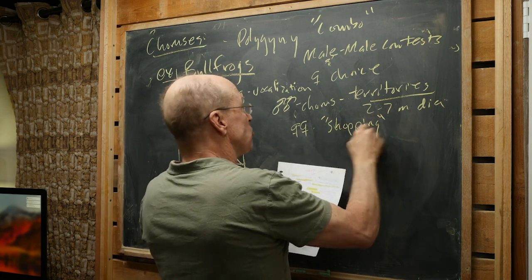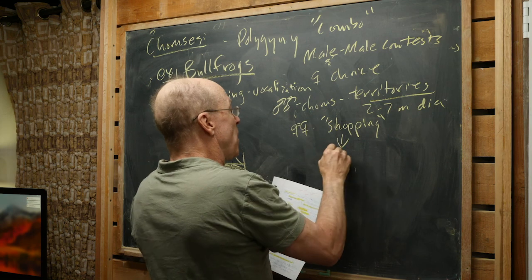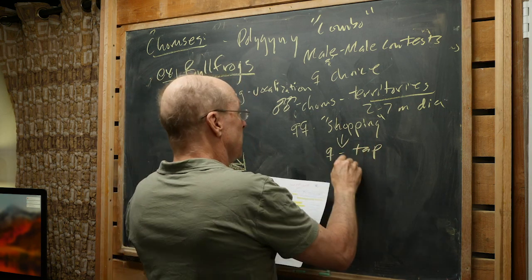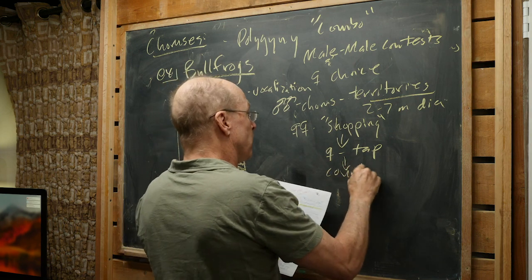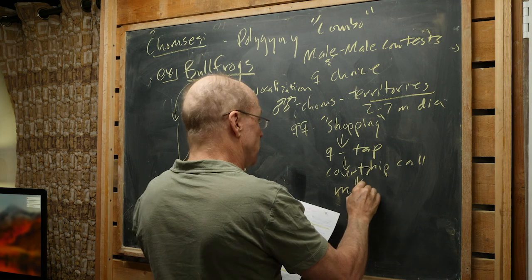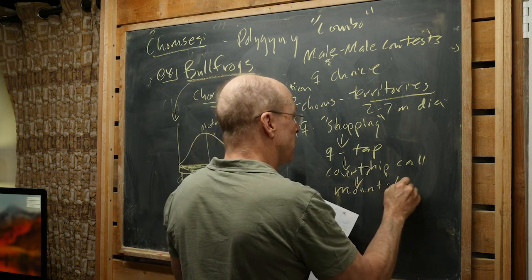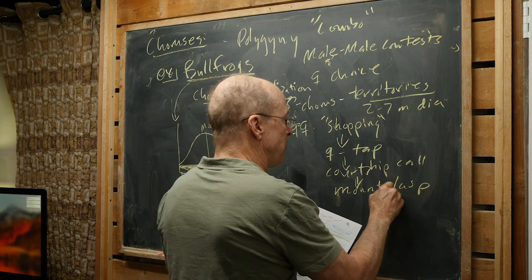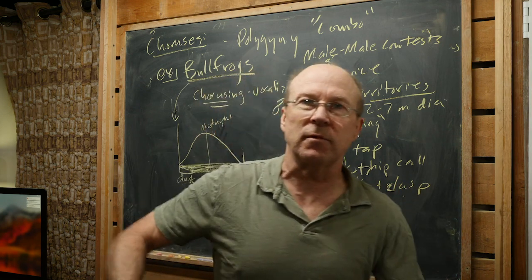So the female will shop, they'll come there, and the process will be the female will tap the male that's selected. There'll be a courtship call by the male, and then eventually we'll have mount, clasp. All of this stuff is going on, and this is amplexus, right? They don't copulate.